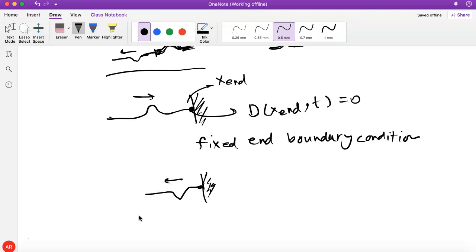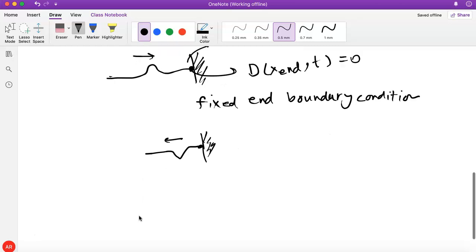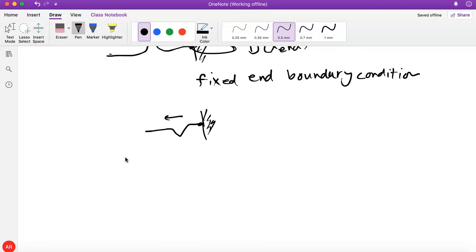An inverted version of it comes back. It's helpful to think a little bit about what happens in the intermediate times, where not all of the pulse has reached the endpoint. So basically, suppose half of the pulse has reached the endpoint.